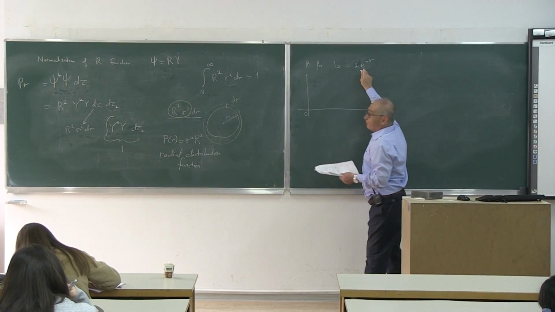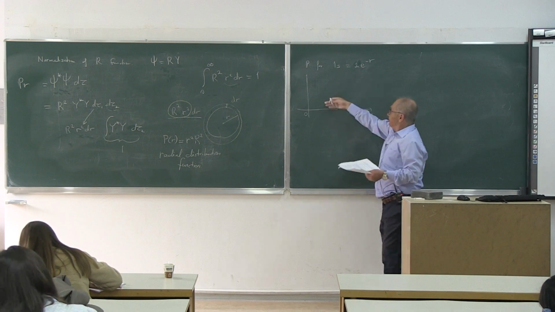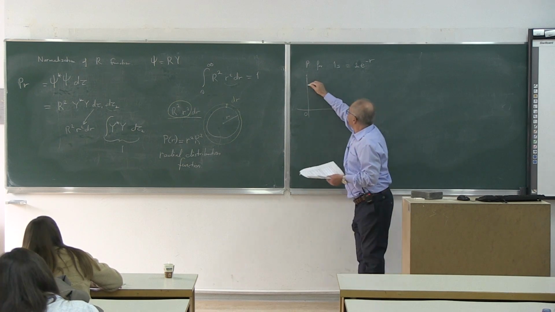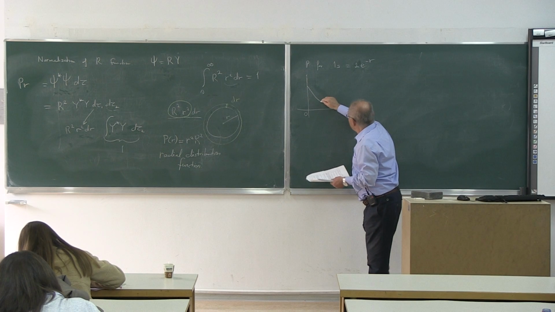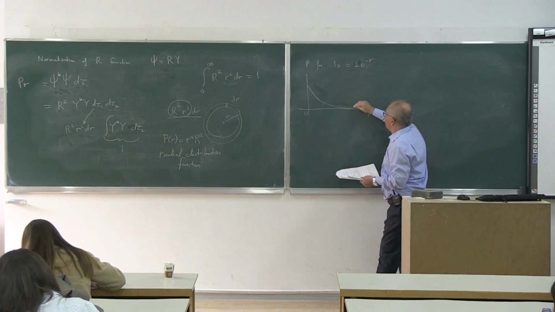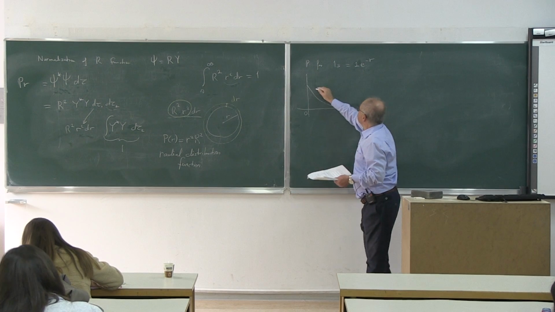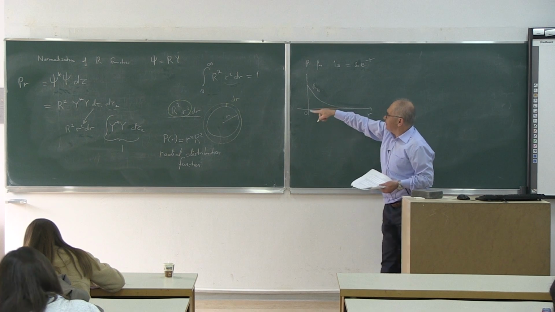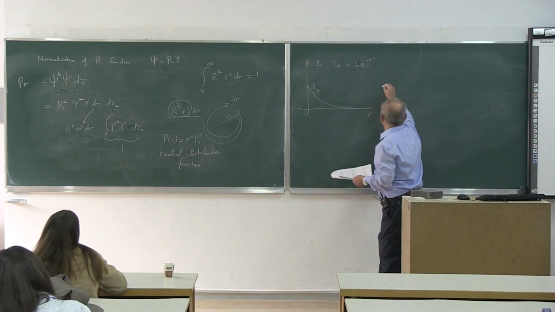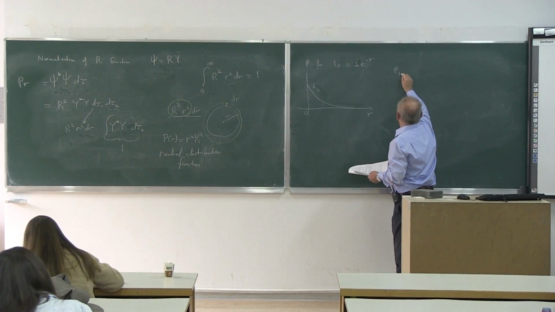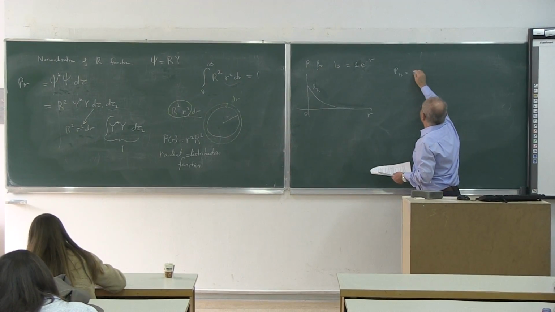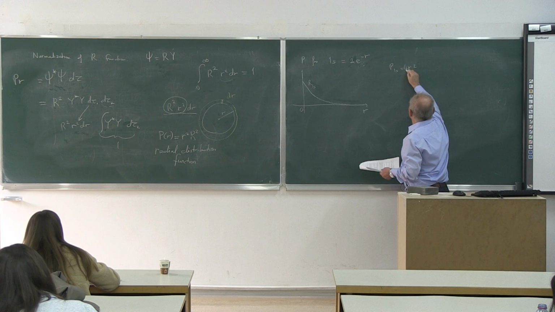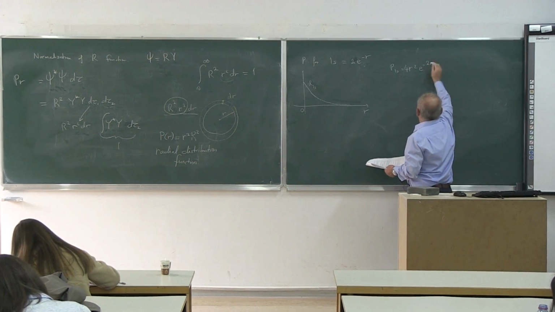If you plot the graph of this function, it has no zeros. Remember, r goes from 0 to infinity. So this is R function, R1s. The corresponding radial distribution function, P for 1s, is r squared times square of it, 4 times e to the minus 2r.